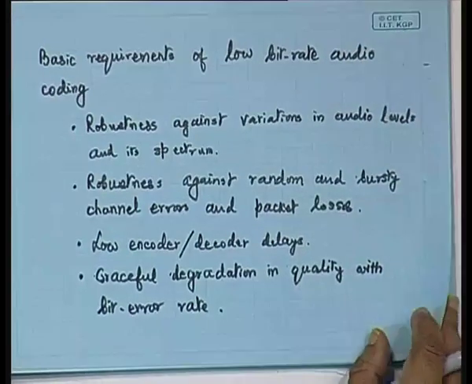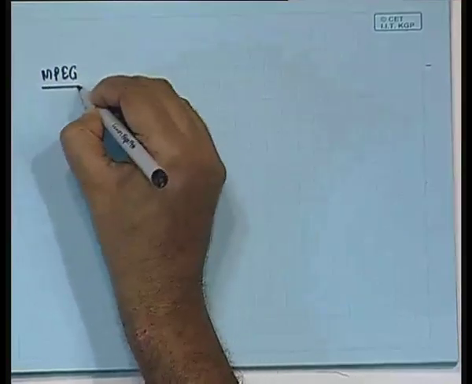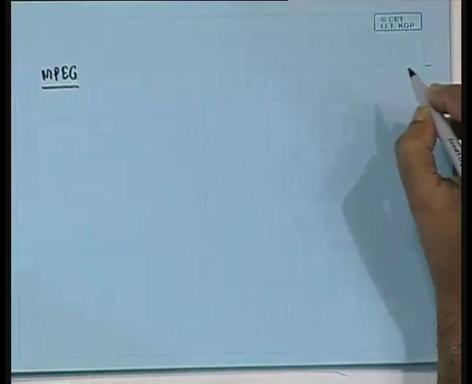Okay. So, with these requirements in mind, the low bit rate audio coding standards were framed, and in fact the standards were framed in different domains. One was the effort that was made by the MPEG community, because MPEG is actually a standard for multimedia communication. Being a multimedia communication standard, it has to address both the audio as well as video signals.